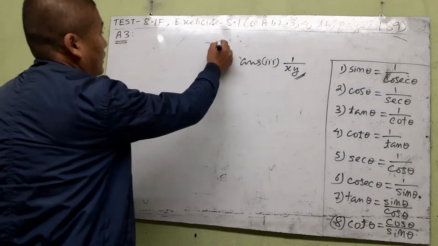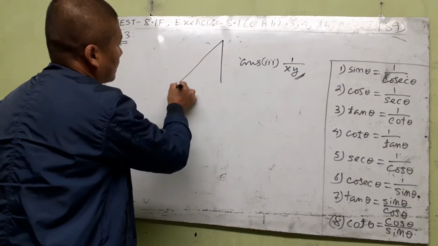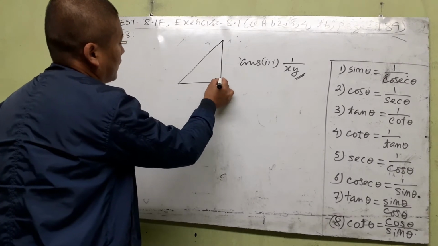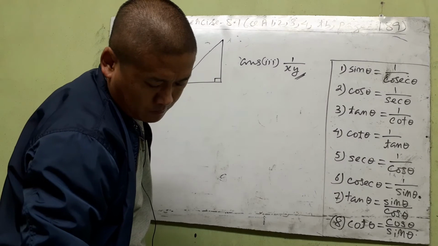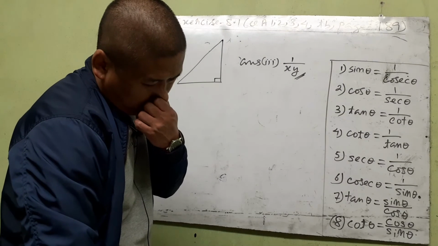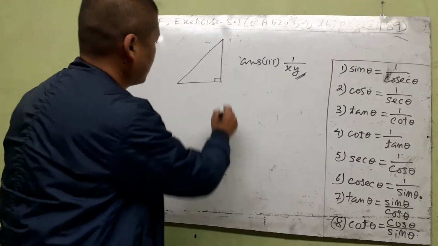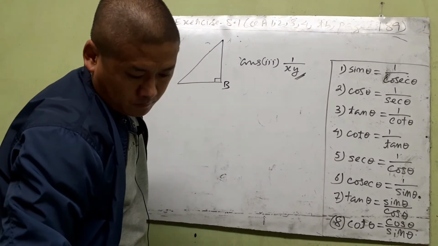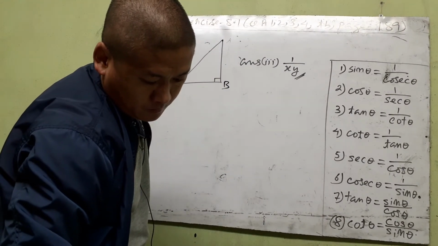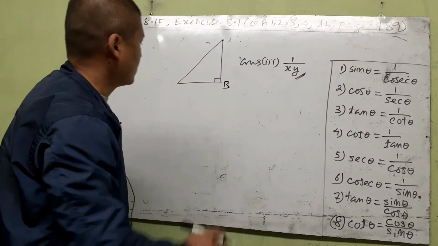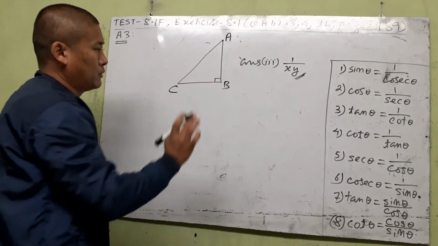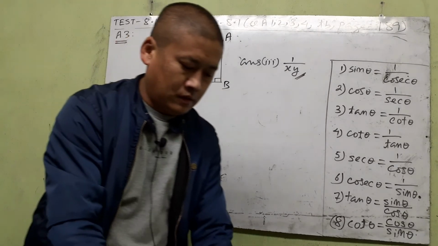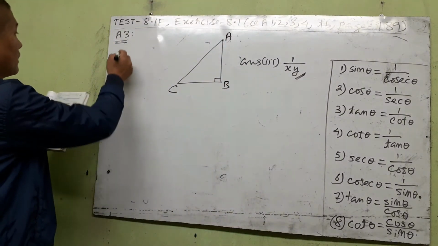So there is a right triangle, which means one angle is 90 degrees, the right angle at B. So CB is 12, and sin C. Let us put this C here, or here also, up to you. This will be A.